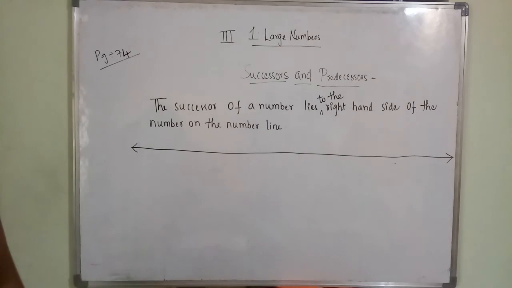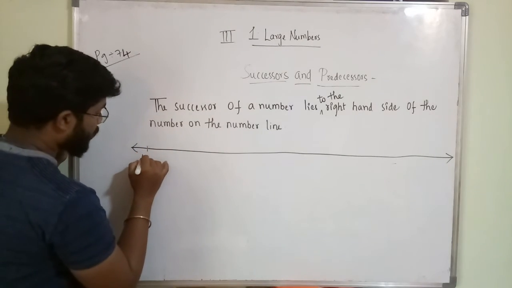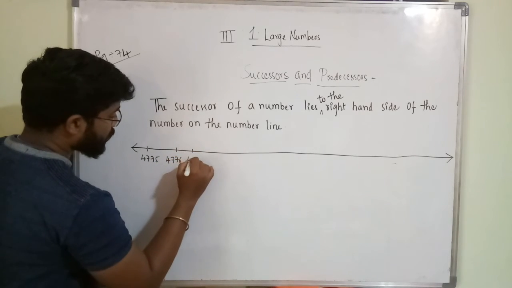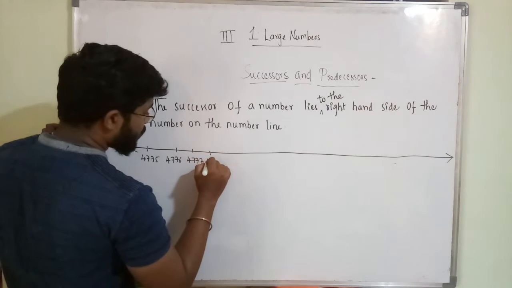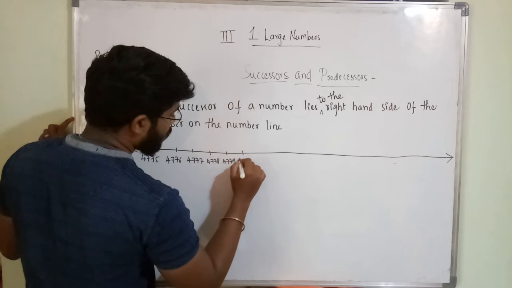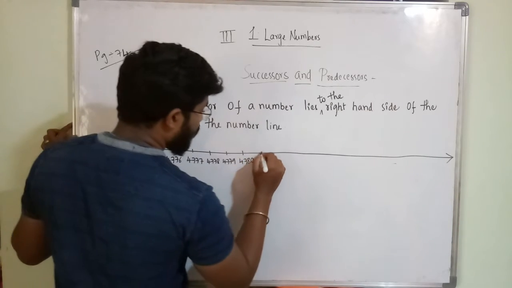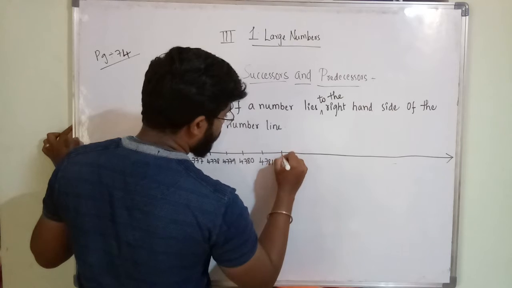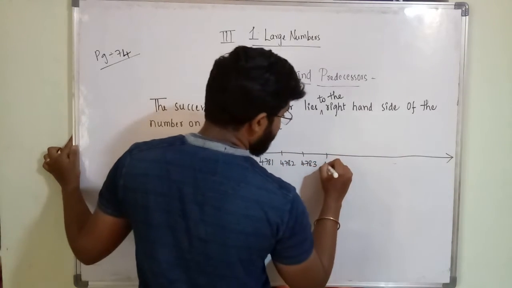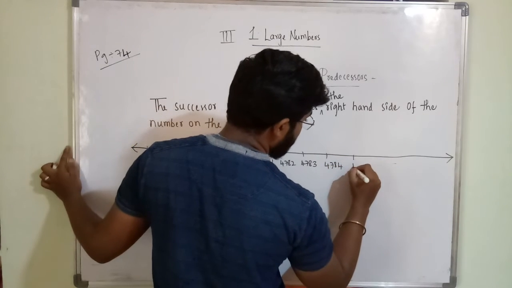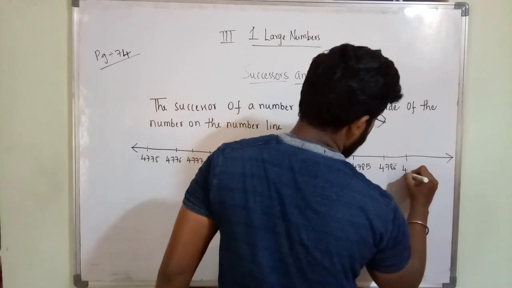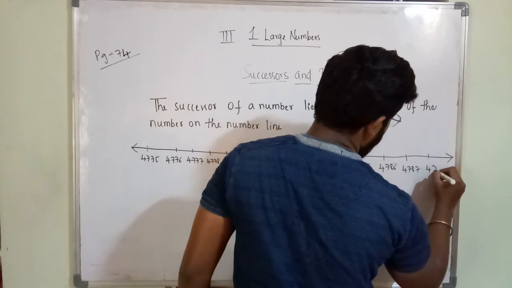So from 4,775, next 4,776, 4,777, 4,778, 4,779, 4,780, 4,781, 4,782, 4,783, 4,784, 4,785, 4,786, 4,787, 4,788.